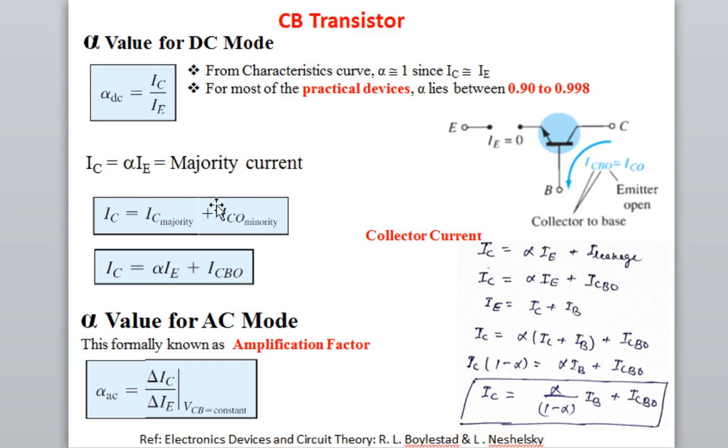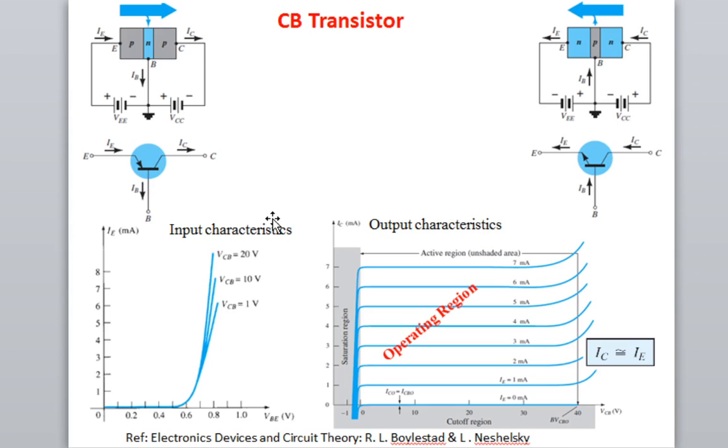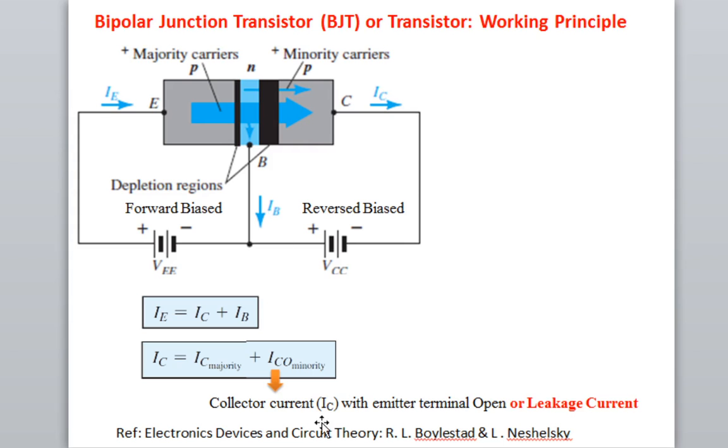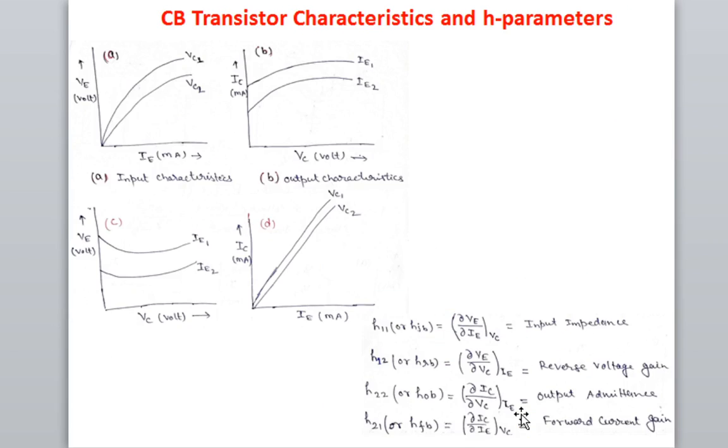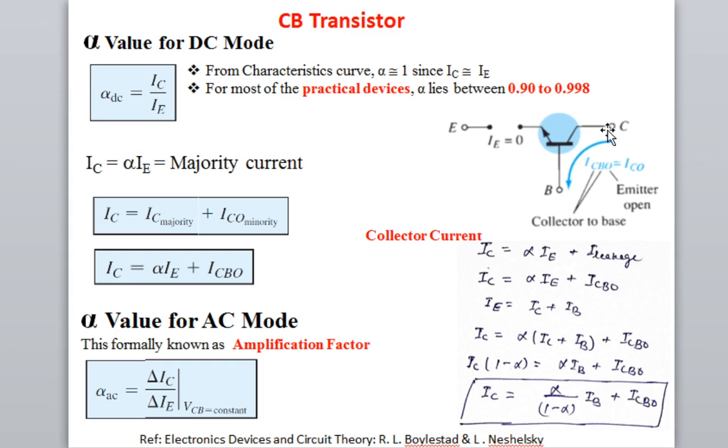And for the common base transistor, this ICO is what we have called the collector current with the emitter open, that is, the leakage current. If you see the common base transistor with base, emitter and collector, and you open the emitter, it means IE is equal to 0.